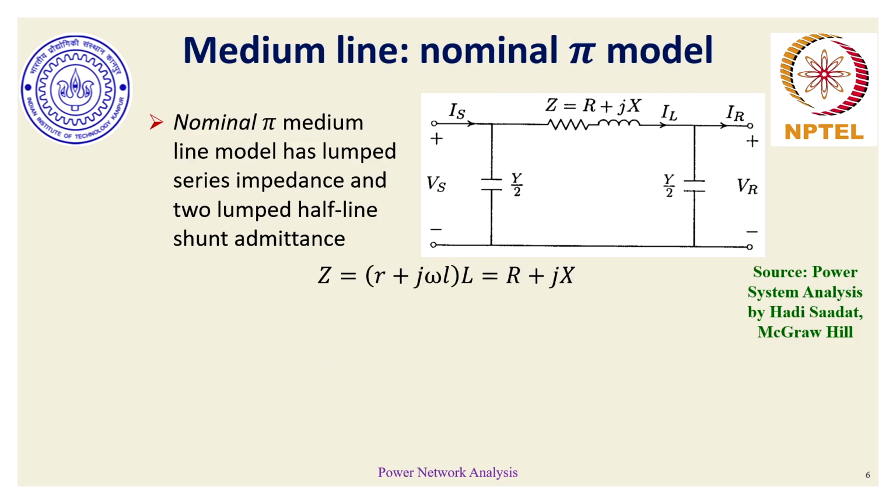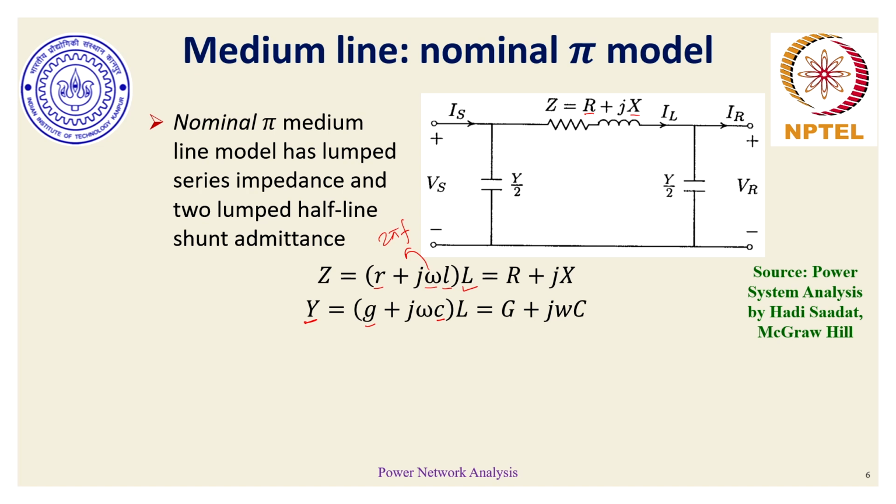So Z is equal to, as I mentioned, R plus jX, where small r and small l are the per unit line resistance and inductance on a per meter or per kilometer basis. Omega is the source frequency, which is 2 pi f. f can be 50 hertz or 60 hertz. Capital L is the line length. And similarly, Y, which is the admittance, accounts for line conductance and line capacitance. Small g and small c represent per unit length line conductance and capacitance.